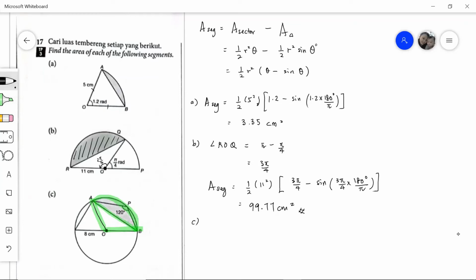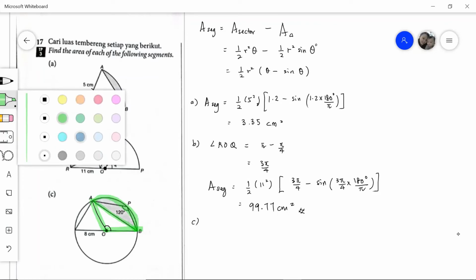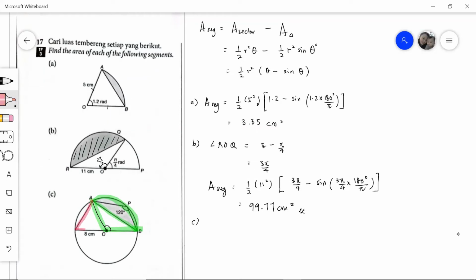Now, but we don't have the angle here, so how do we find? So do you see the cyclic quadrilateral? Yeah, the cyclic quadrilateral, we shall use that to find the angle.